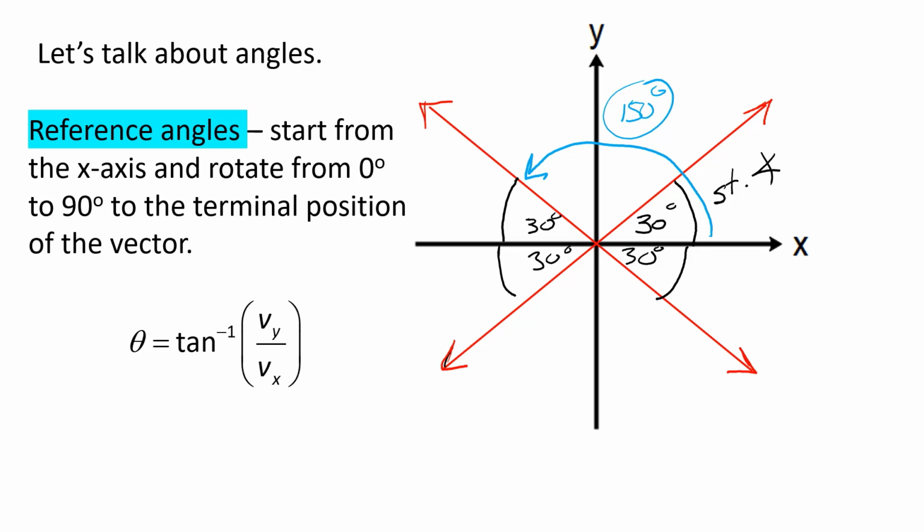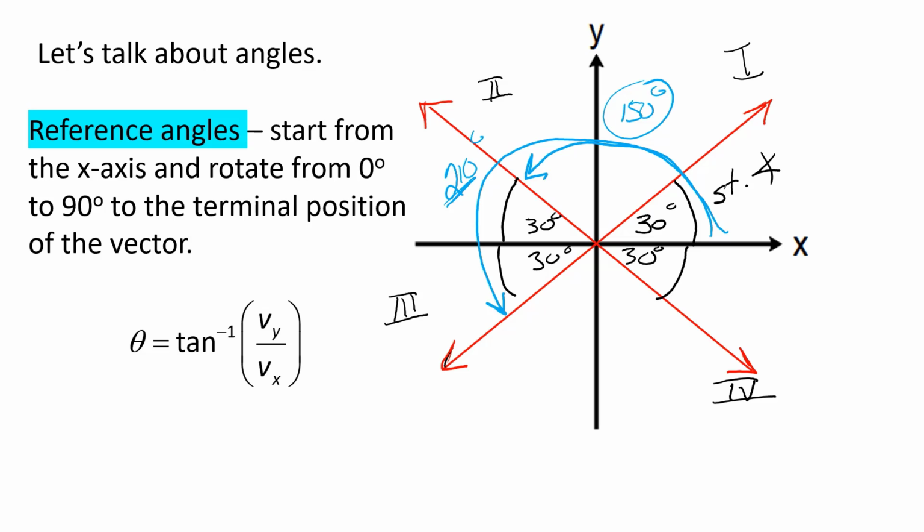Remember, the quadrants are quadrant 1, quadrant 2, quadrant 3, and quadrant 4. This would be 210 degrees. I did 180 plus 30, and the 210-degree standard angle corresponds to a 30-degree reference angle in the third quadrant.